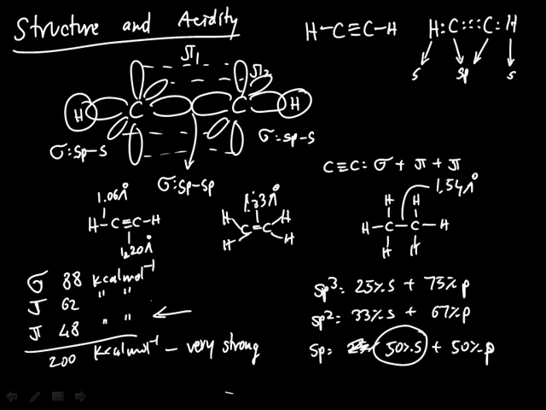That in turn means that the sp orbital holds its electrons closer than sp2 and sp3 orbitals. And in terms of electronegativity, we can classify different types of carbons as having different electronegativities. Those that are sp hybridized are more electronegative than those that are sp2, and these are more electronegative than sp3 hybridized.